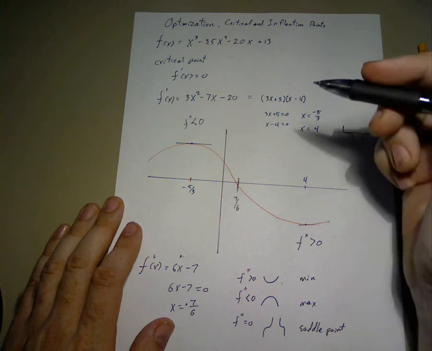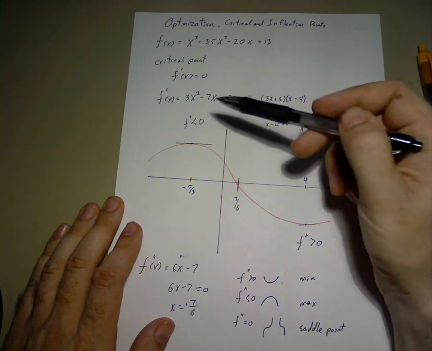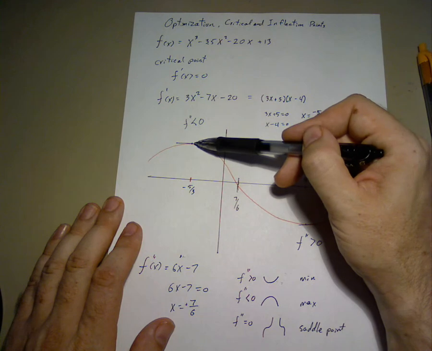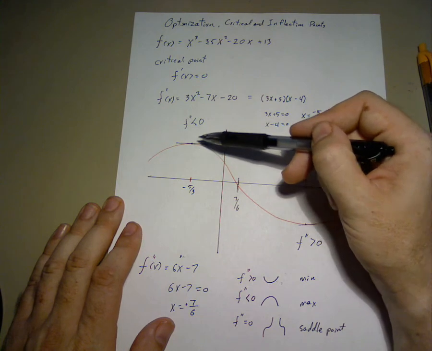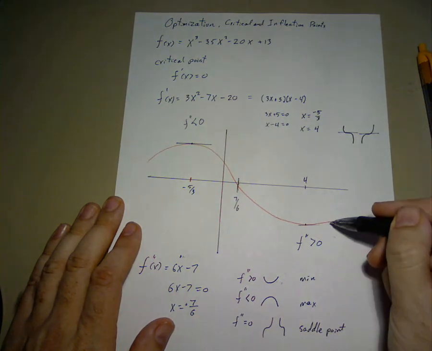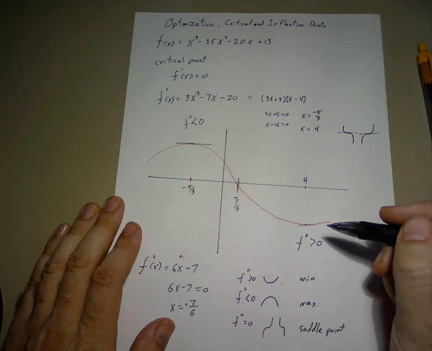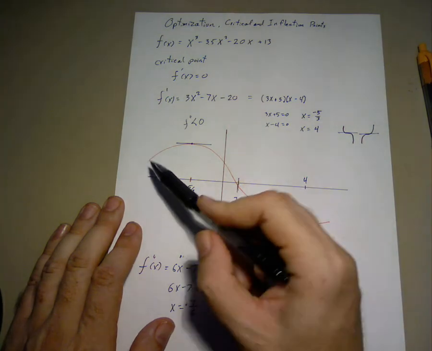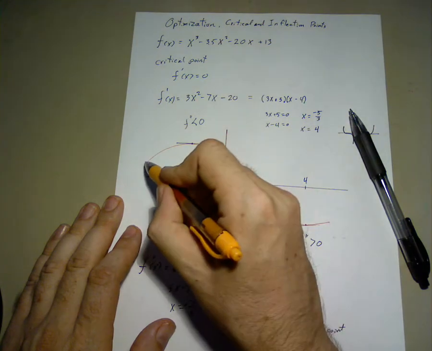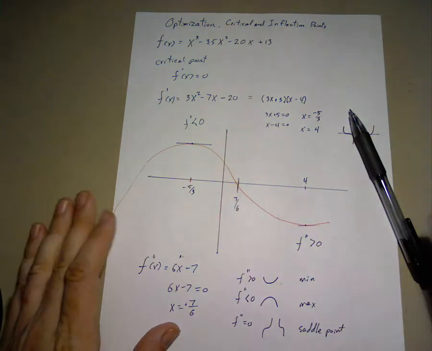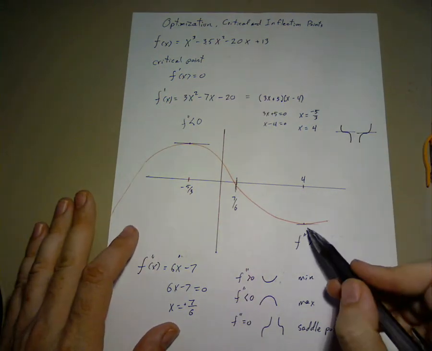The global max of this function is this point, because there are no other maximums that are higher, though you want to check endpoints, since this one may end up getting higher. The global minimum, except perhaps for endpoints, because this function may continue on further down, will be this point right here.